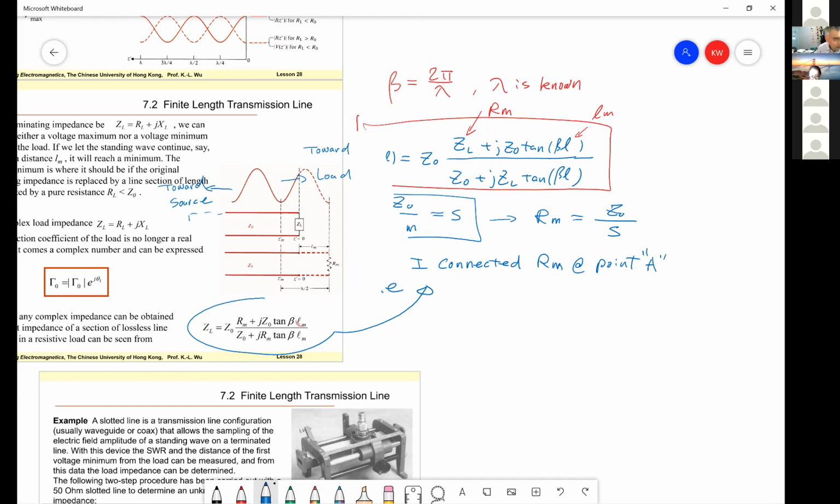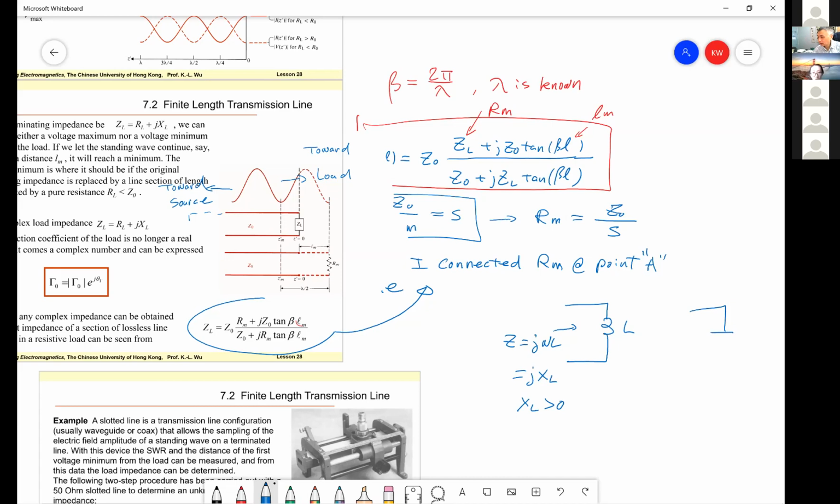Any sign of Im is defined. The imaginary part can be positive or can be negative. I don't need to re-teach circuit theory, right? If you look at an inductance, what is the impedance? It's j omega L, right? Then you can say this is jXL, where XL is larger than 0.